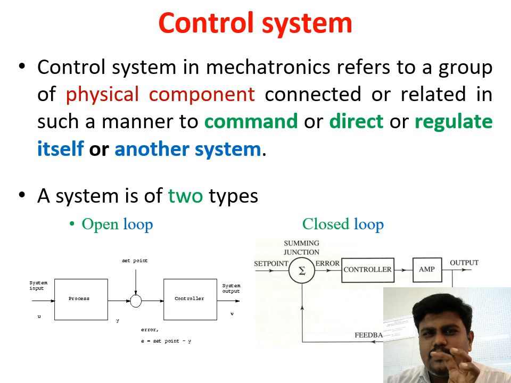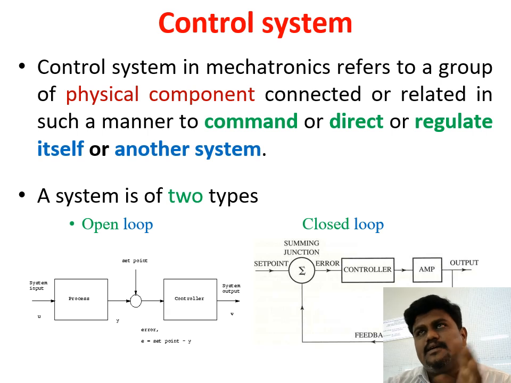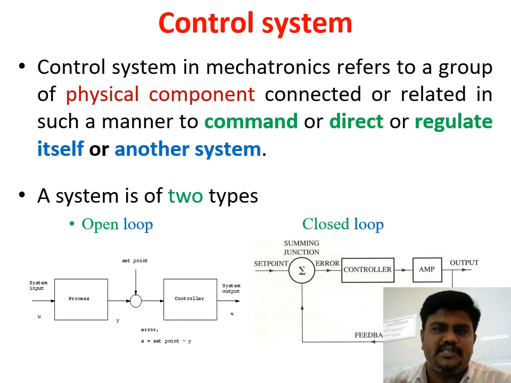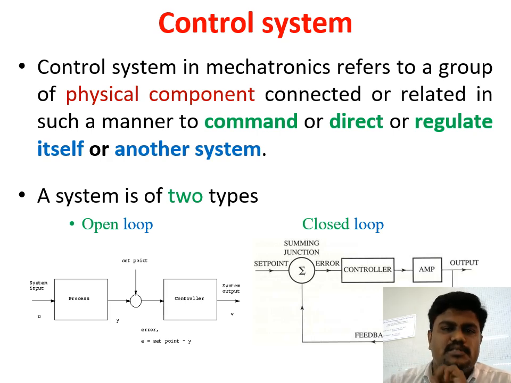So that error, or reading, or signal can be amplified or corrected. That corrected signal will be given back to the system, and you get the corrected value of new input to the processing unit, which processes that value and gives you the perfect output. So this is how a control system works.